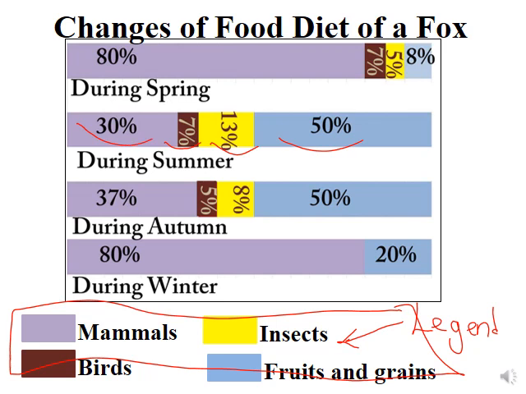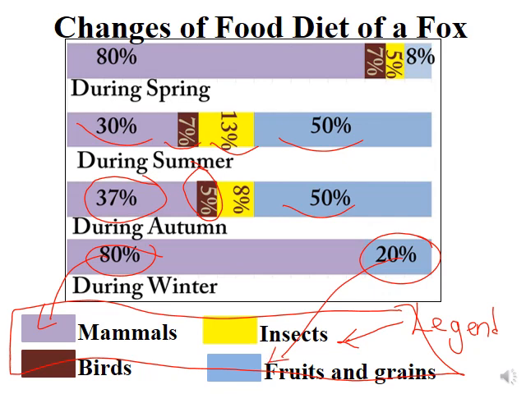During autumn, 37% of their food is mammals, 5% birds, 8% insects, and 50% fruits and grains. While during winter, most of their food is 80% mammals and the rest is 20% fruits and grains.